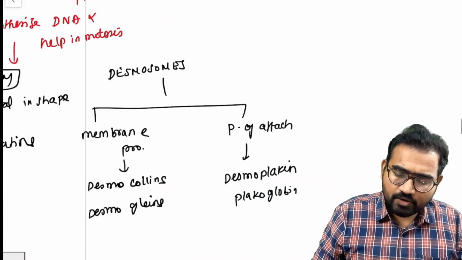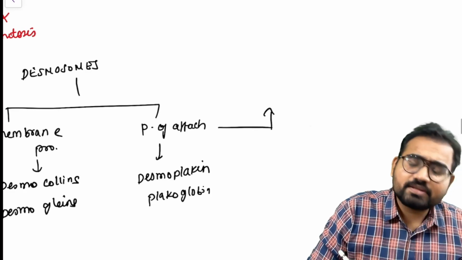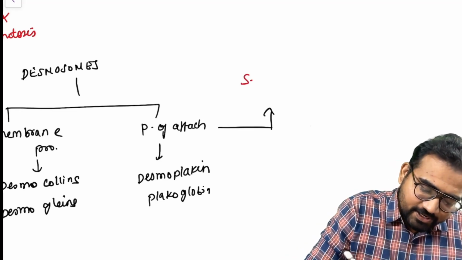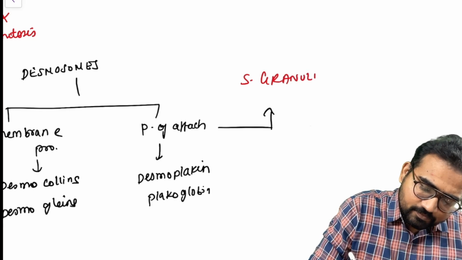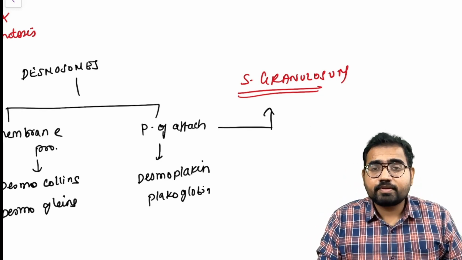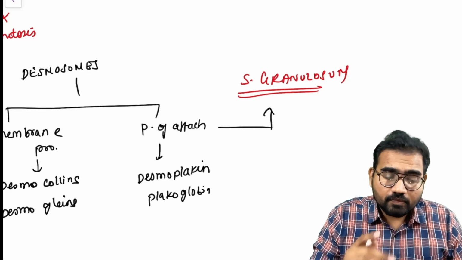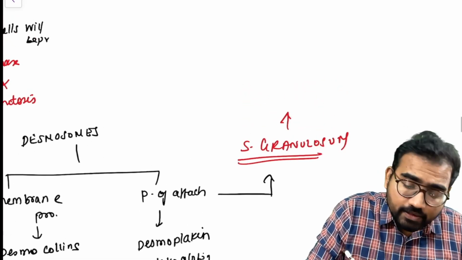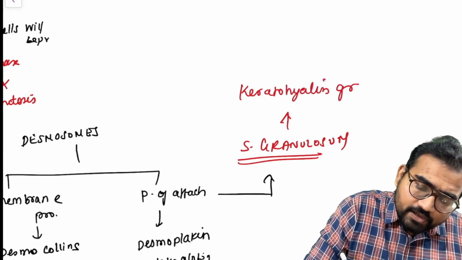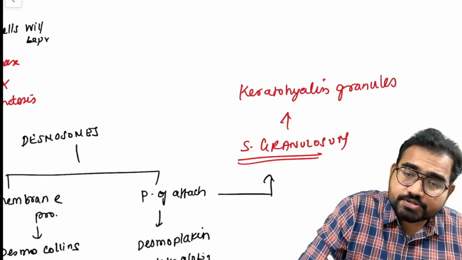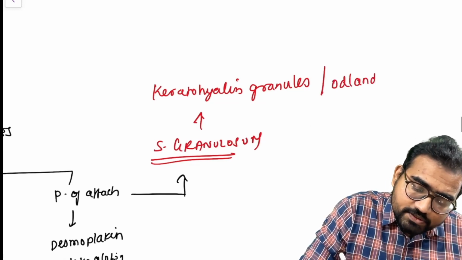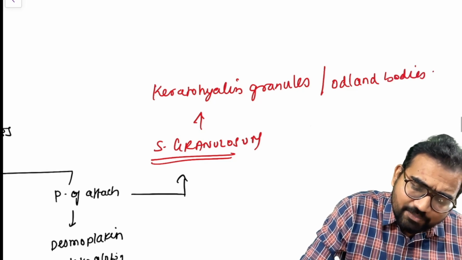Yes. Now the cells from the stratum spinosum start to move upward. What is the upward layer? Exactly, stratum granulosum. Stratum granulosum, as the name implies, is formed by keratohyaline granules and Odland bodies or lamellar granules.